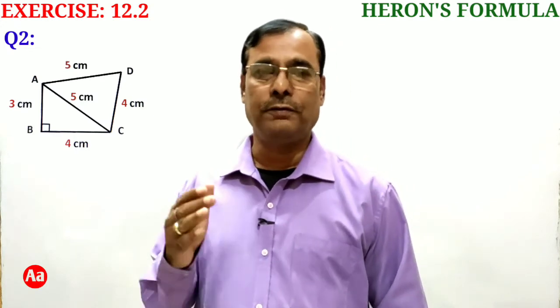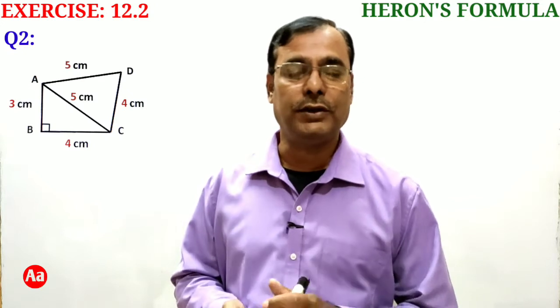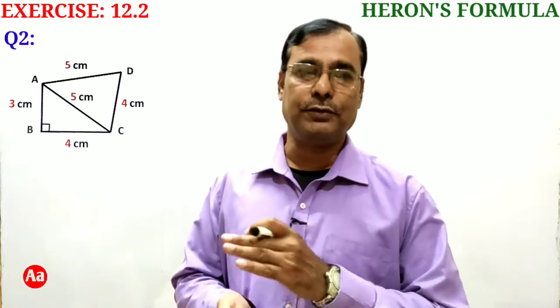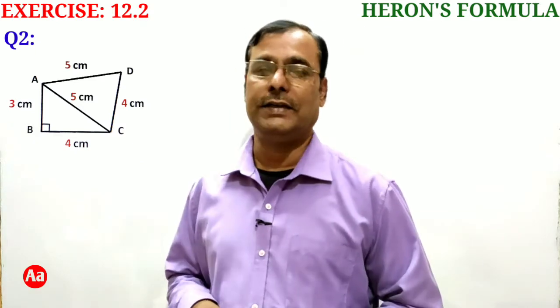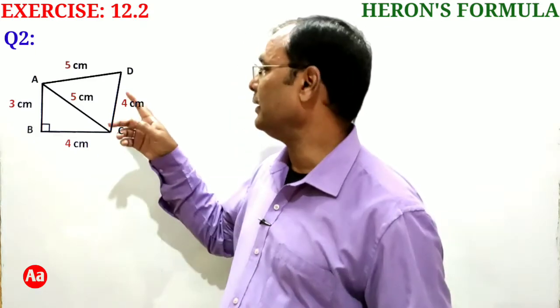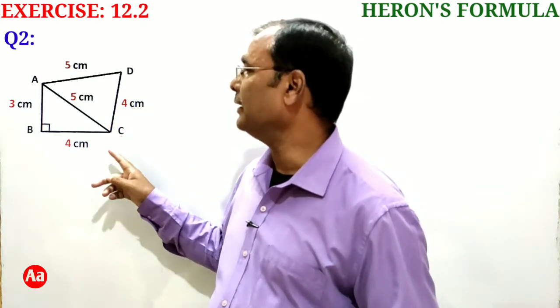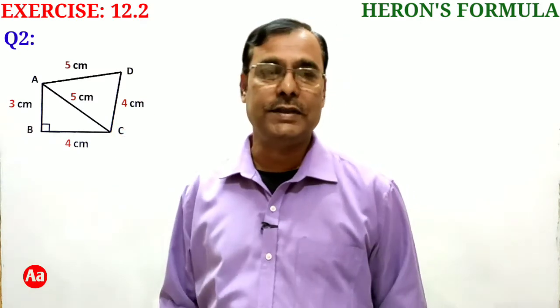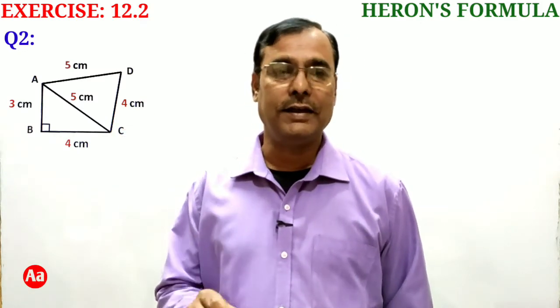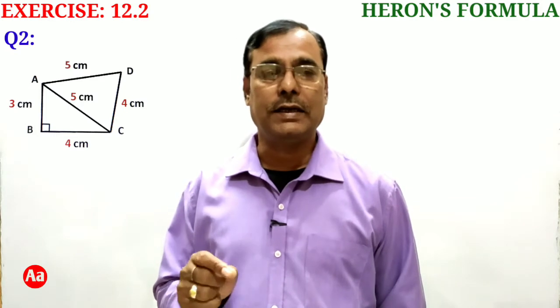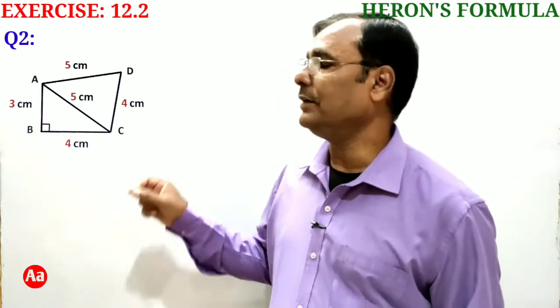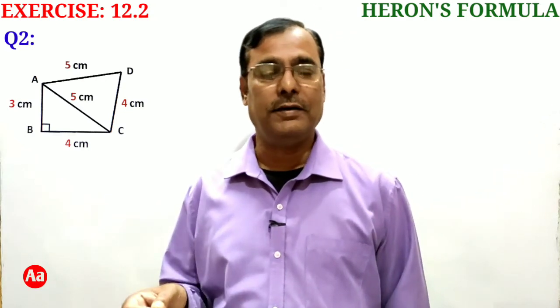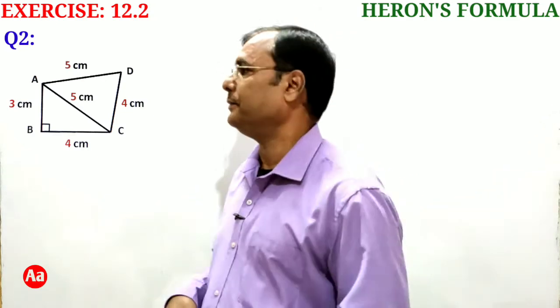This 3, 4, 5 they form a Pythagorean triplet, and therefore we can say that angle B is a right angle. So when angle B is right angle, that means triangle ABC is a right angle triangle, and calculation of area of triangle ABC becomes very easy. Directly we can calculate applying half into base into height.